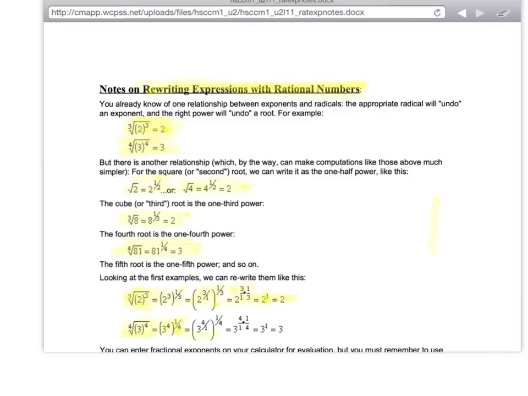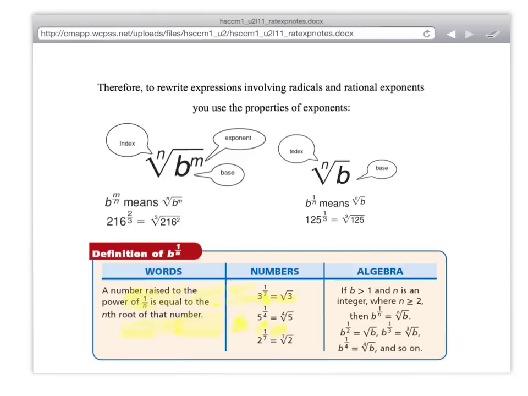We write that out as 3 to the fourth power raised to the 1/4 power, which equals 3 to the fourth power times 1/4 of a power, which equals 3 to the first power. 3 to the first power equals 3. Therefore, to rewrite expressions involving radicals and rational exponents, you use the properties of exponents.